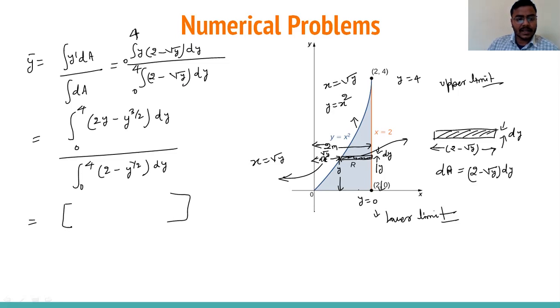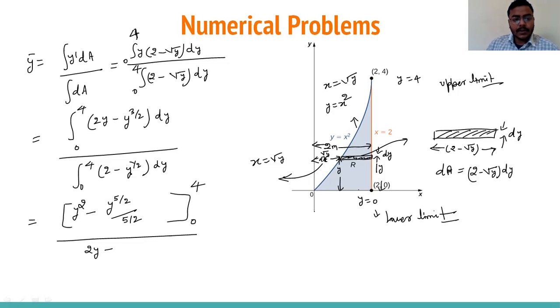So the 2 will cancel, and directly we can write y square minus y to the power 3 by 2, whose integration would be y to the power 5 by 2 divided by 5 by 2. Limit is 0 to 4. Now here 2 is a constant, so integration of 2 with respect to y will be 2y, minus integration of y to the power half, which will be y to the power 3 by 2 divided by 3 by 2.